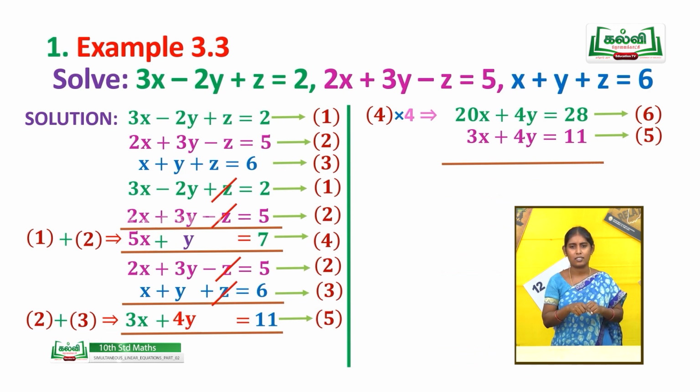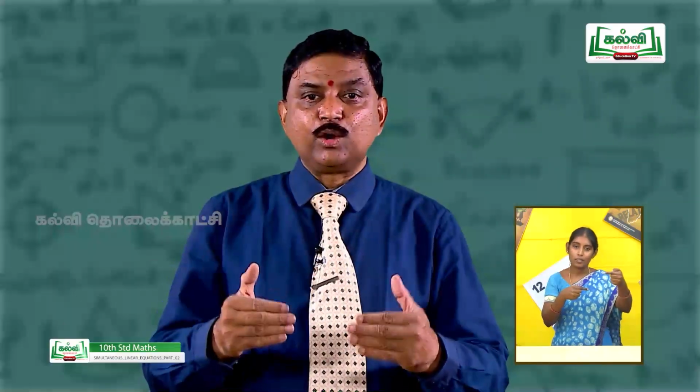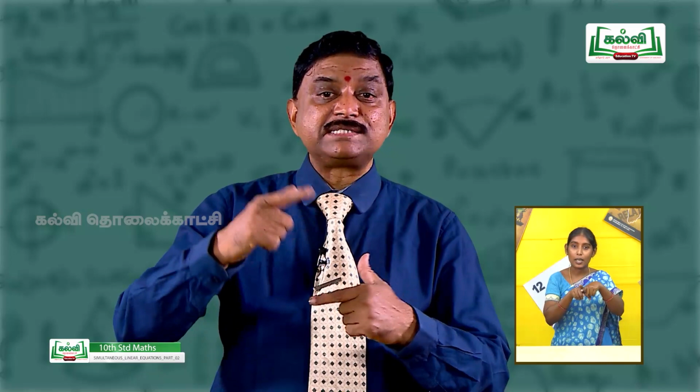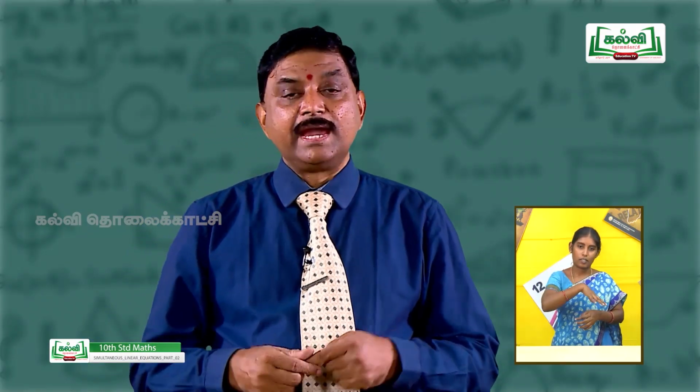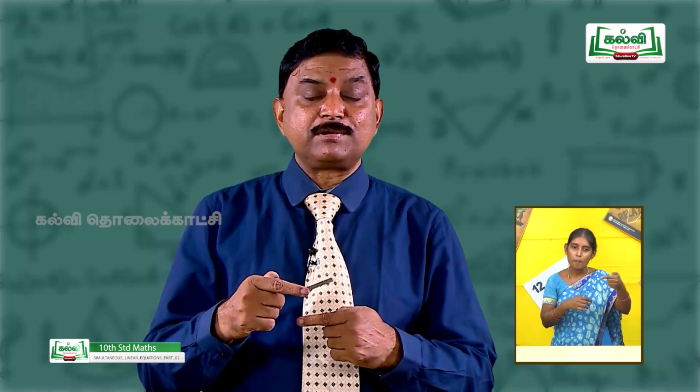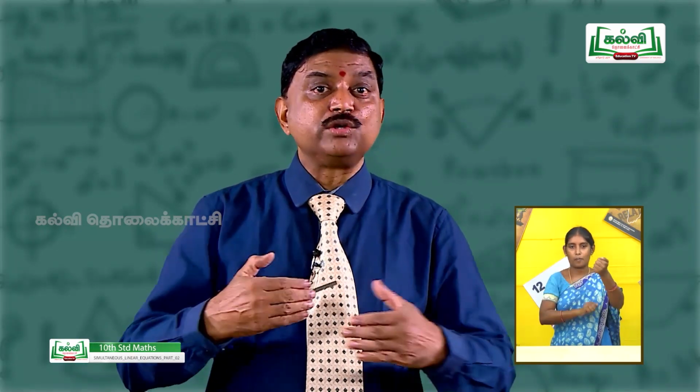Now what will you see? 4y in the sixth equation, 4y also in the fifth equation. Both have the same sign. In this case, we have to subtract. If both the variables have the same sign, you have to subtract the equations. If the same variable has different signs in both equations, you have to add.